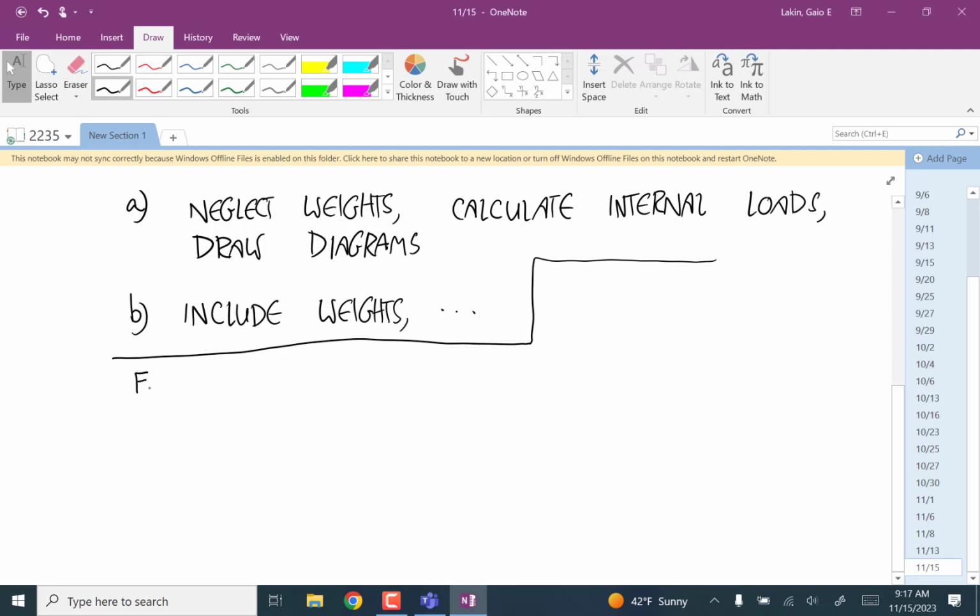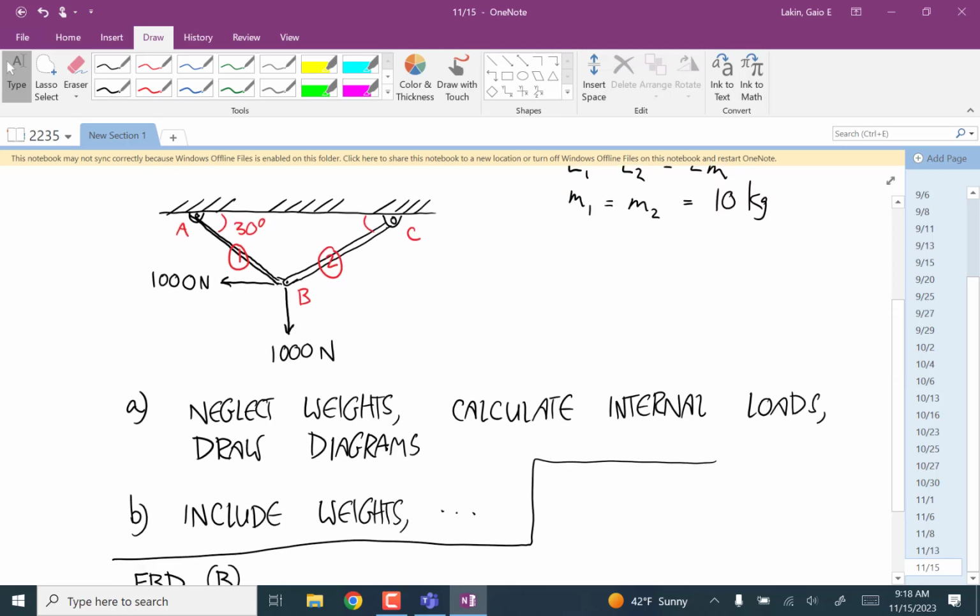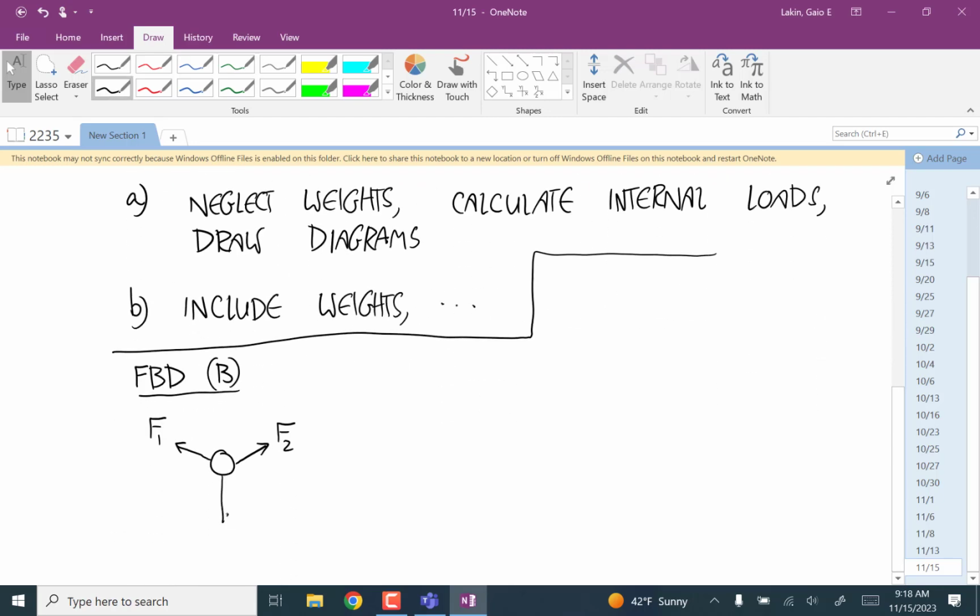the fastest way to do this, which is just a free body diagram of the pin B. We're going to treat member 1 like it's in tension, like it's a cable. Body 2 like it's a cable. Then we have a 1,000 Newton force that way and a 1,000 Newton force that way.